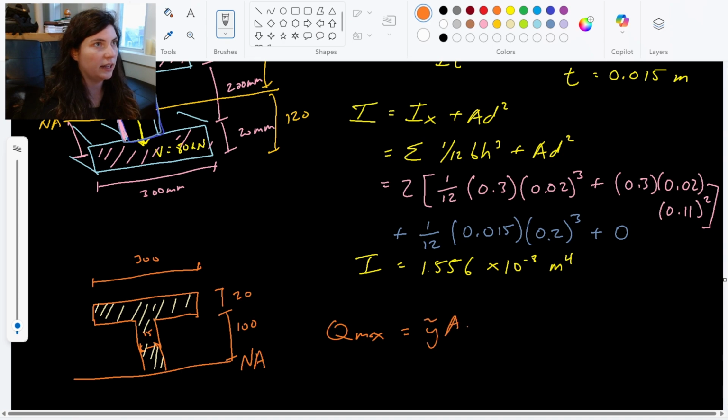Y tilde times A. So my centroid for this lower rectangle is going to happen 50 millimeters away from the neutral axis, right? It's 100 long, so it happens 50 millimeters away. Halfway through that rectangle is going to be our first y tilde, our first distance away, and then the area is going to be the area of this smaller rectangle, 100 times 15.